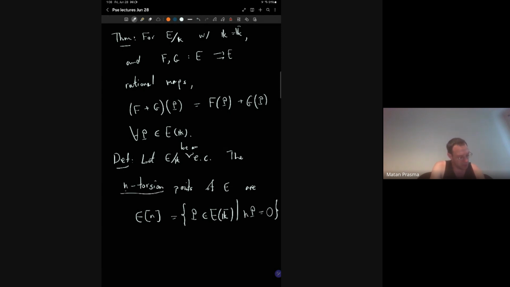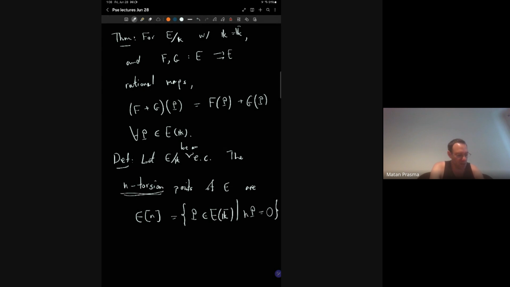Now, I want you to notice that n torsion is not exactly the same as points of order n. If you remember, for any group, the order of an element is the minimal positive integer such that if you add the element to itself this number of times, you get the zero element.